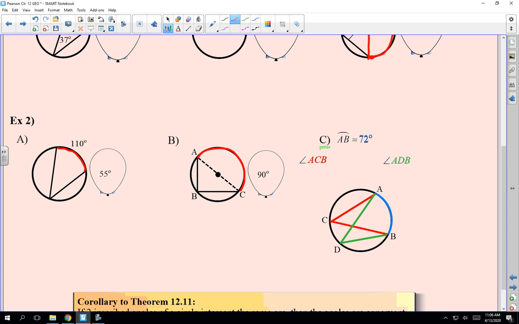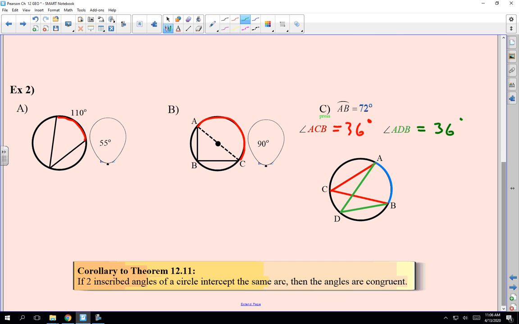And they will be exactly half of the intercepted arc. So half of 72 degrees is 36 degrees. So that means angle ACB is 36 degrees, and angle ADB is also 36 degrees. So that's working backwards with that same theorem.